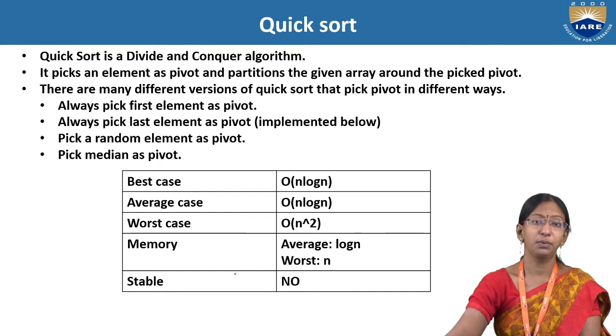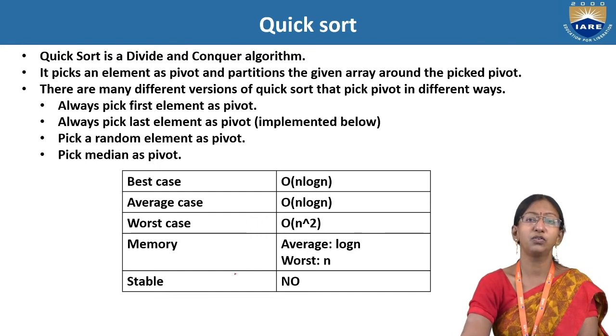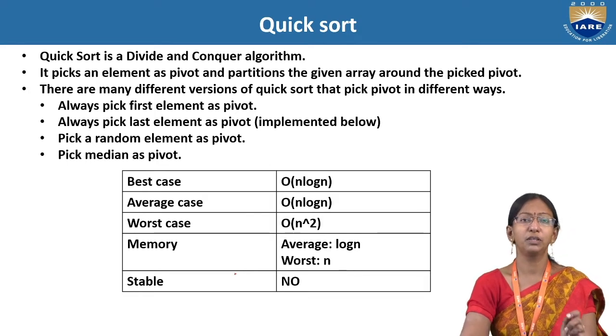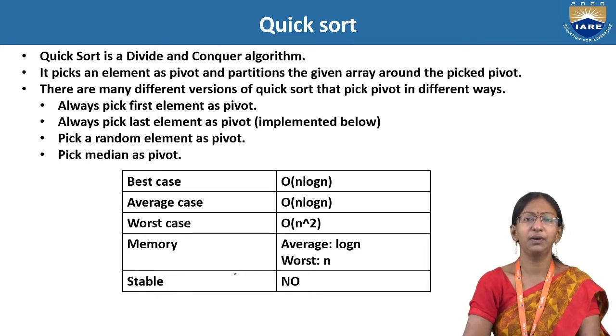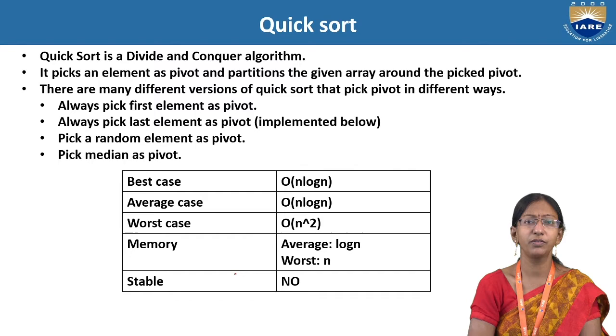And it is not a stable algorithm because it is not going to divide the list into two halves. It depends upon which pivot element you have selected and where it actually lies in a sorted list. So by the time of division, it will be divided not into two equal halves, but two different halves, right? So it is not a stable algorithm.